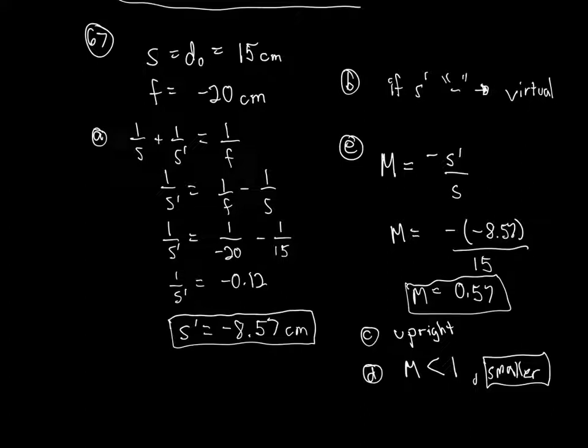I could flip things around, and instead of giving you the object distance, I could give you the image distance. I could give you image distance and object distance and make you calculate the focal length. Or I could add in another element. I could do a lens and a mirror at the same time. Any other questions on this one?